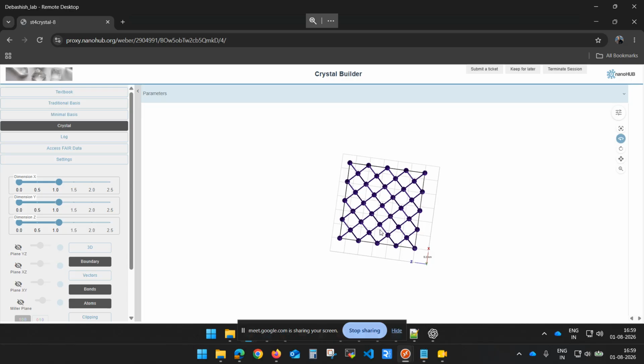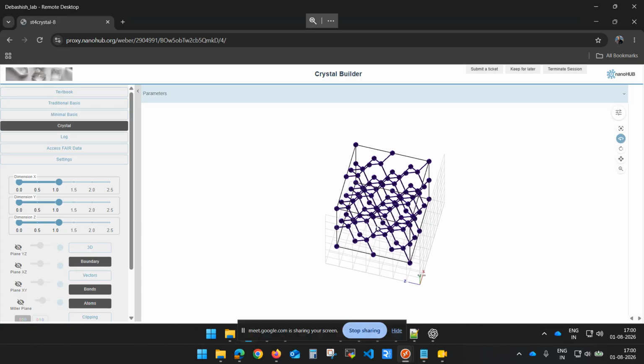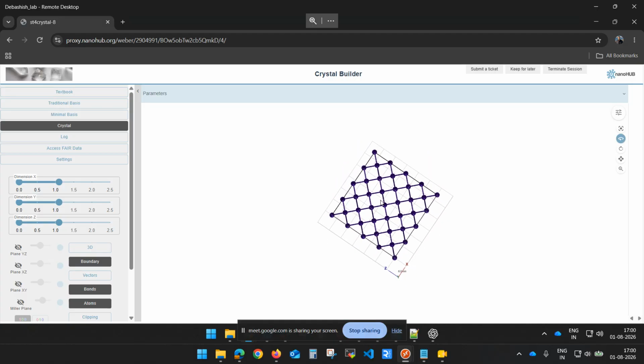So if you see in one plane, from a particular rotated point of view, from the top view, you can construct the exact bond model that we read in class, right?